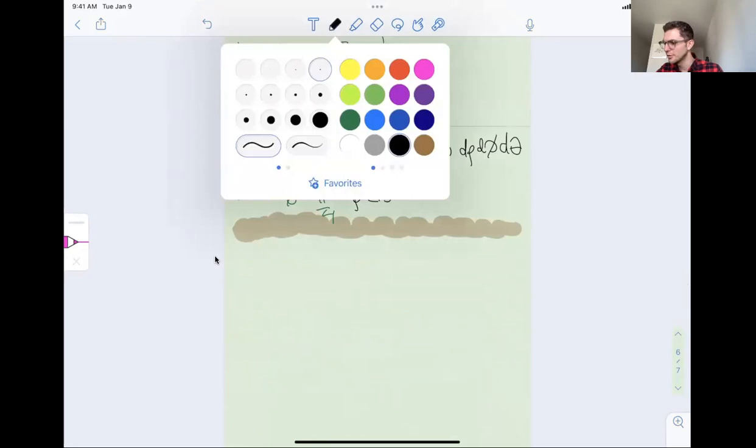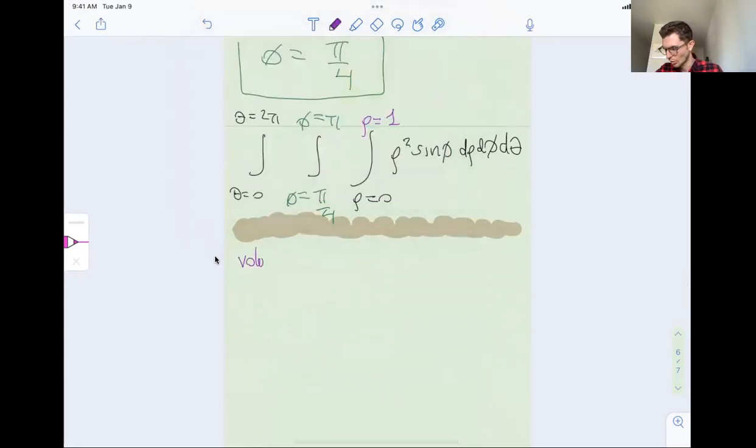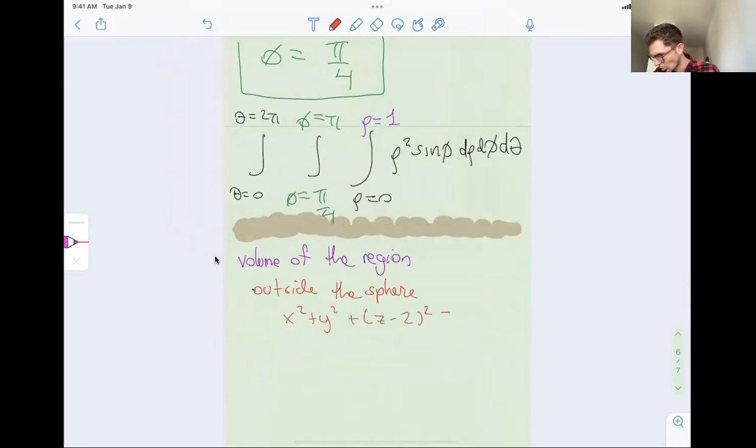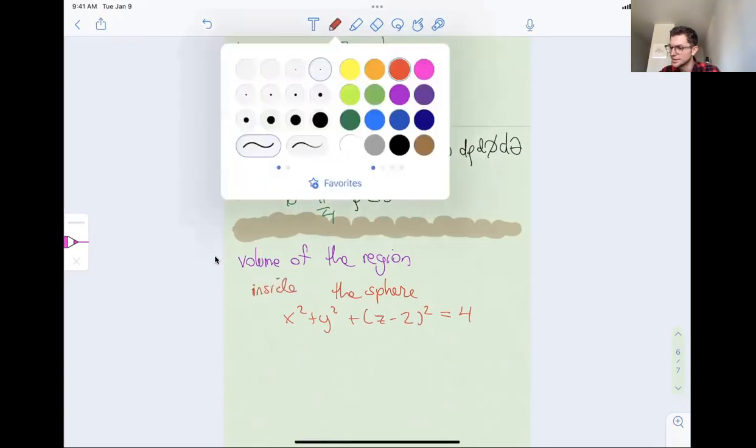So now we're going to do the volume of the region outside the sphere. Let's do this. And inside the, inside the sphere, I meant. Inside the sphere, but outside the cylinder.